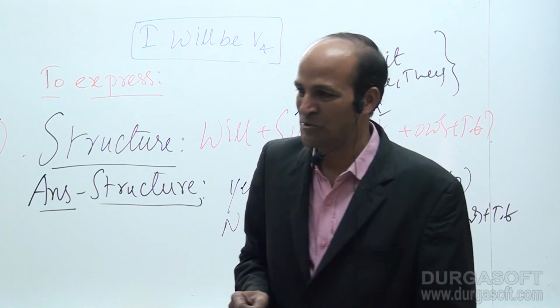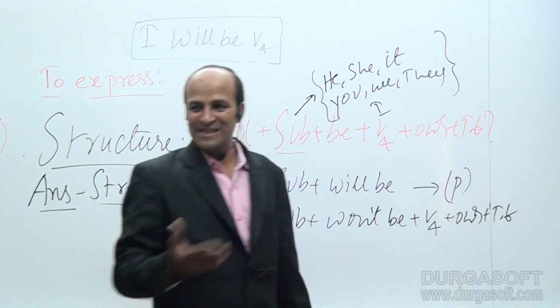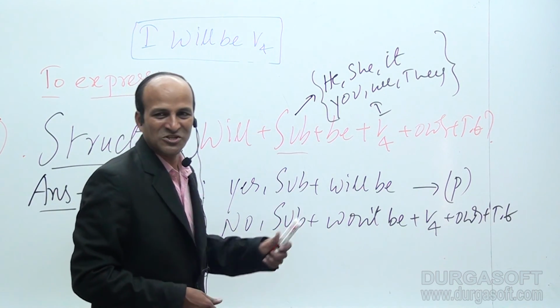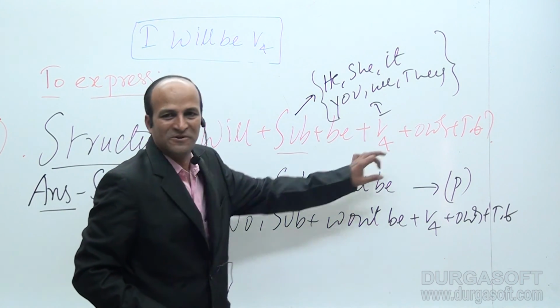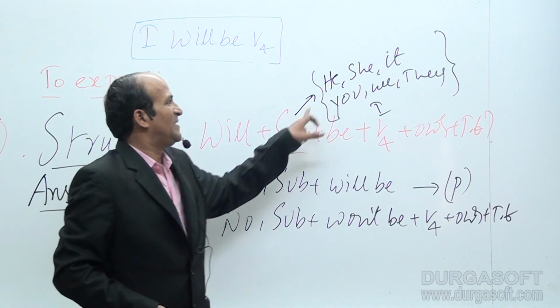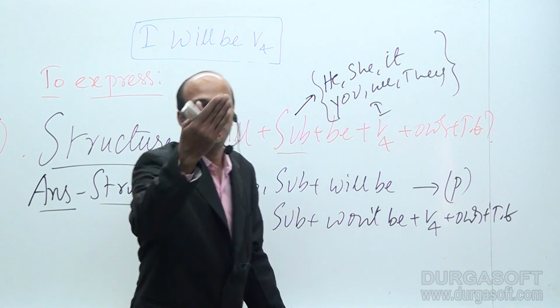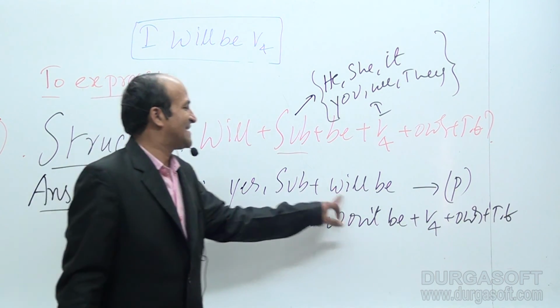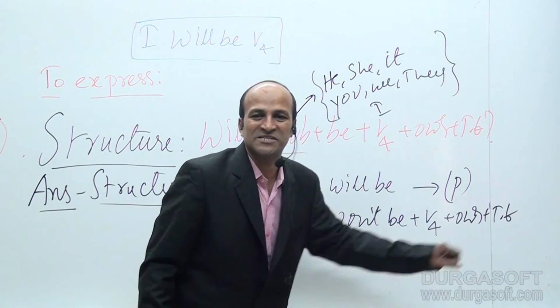Very good. So can you make some questions like this with all the subjects? Can we frame the questions with all the subjects and different verbs? Like, will he be taking the class at this time tomorrow? Yes, he will be. No, he won't be taking class at this time tomorrow.